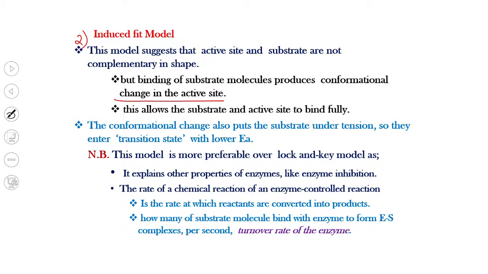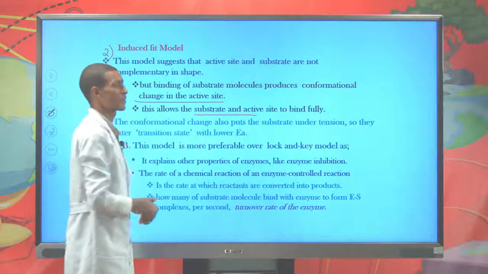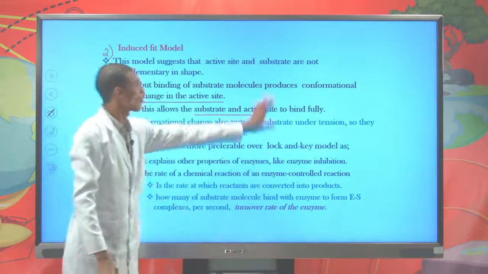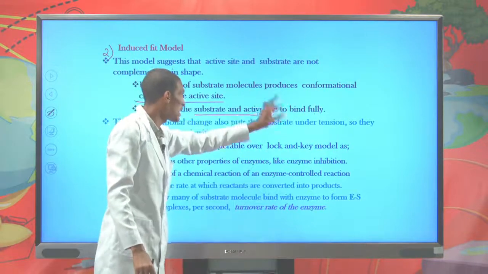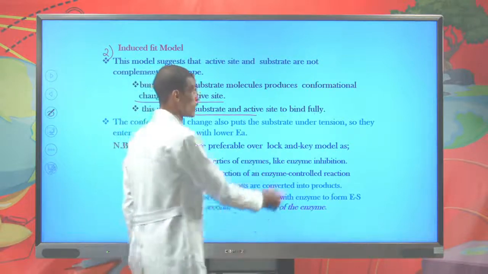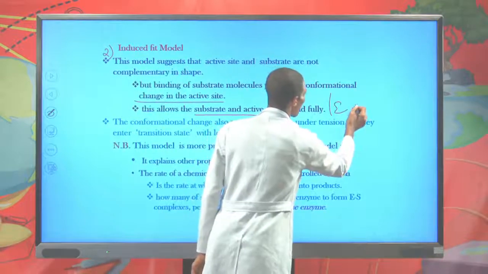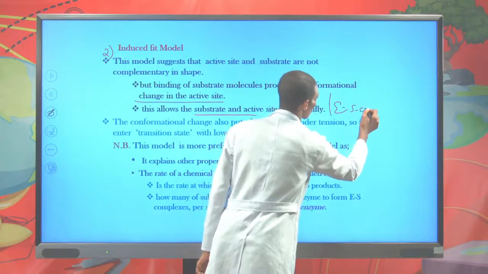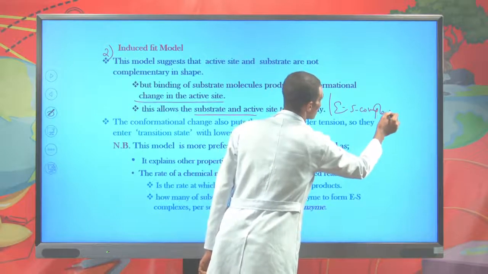These conformational changes allow the enzyme active site to bind fully. Conformational changes are the reason the enzyme and substrate combine fully to form the enzyme substrate complex. Enzyme substrate complex here.